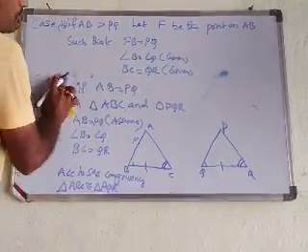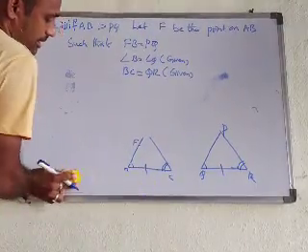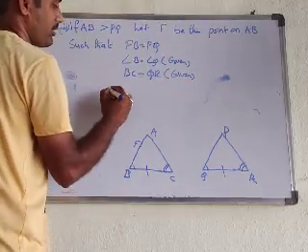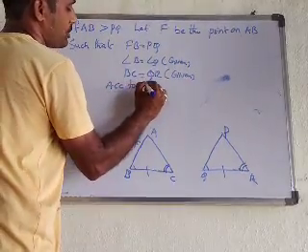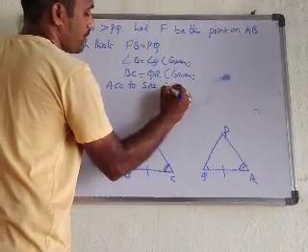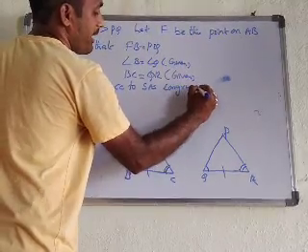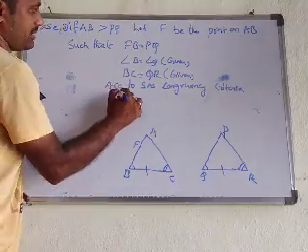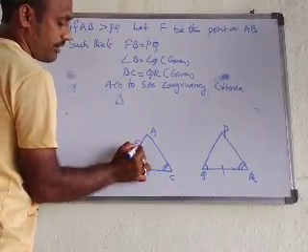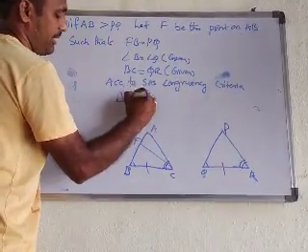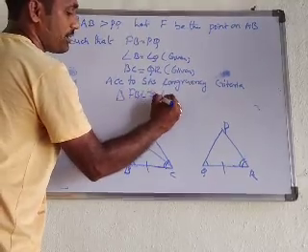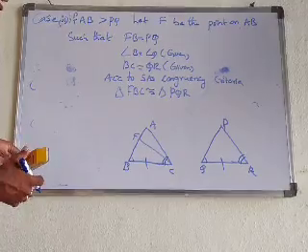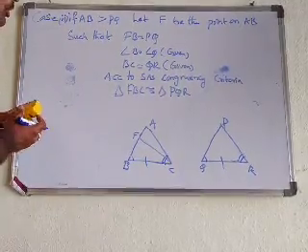So according to SAS congruency criteria, triangle FBC is congruent to triangle PQR.